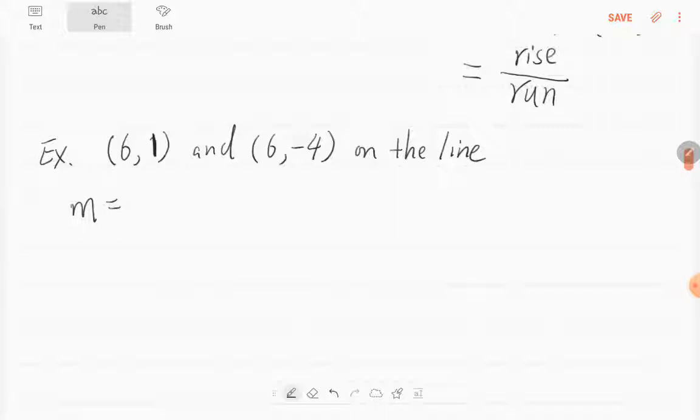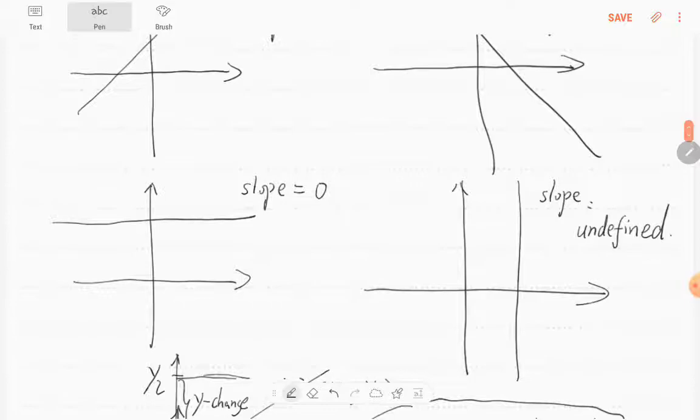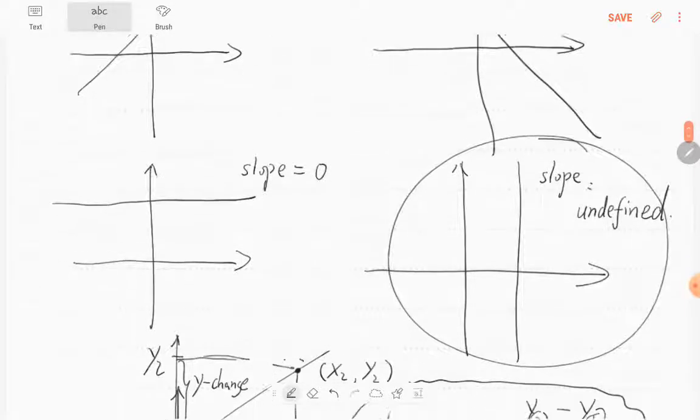If this is x1, y1, and this is x2, y2, then y2 minus y1, this is the formula, over x2 minus x1. So this is -4 minus 1, and 6 minus 6. Then you will see it's equal to -5 over 0. But we notice that the denominator is 0. What does this mean? This means the slope is undefined. That means this straight line is a vertical line.